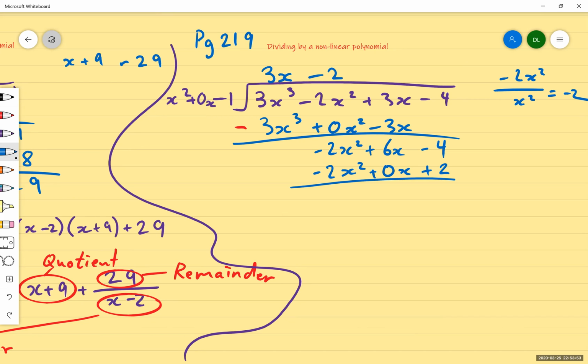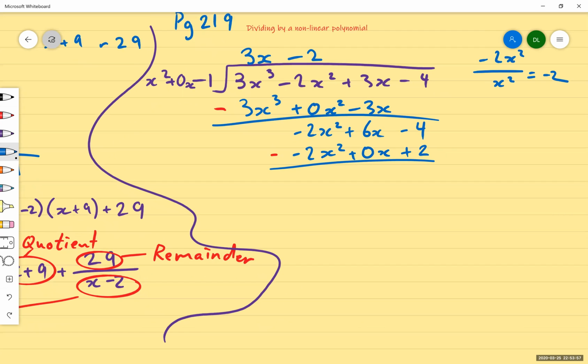Once again, implied negative. Negative 2x squared minus negative 2x squared gives me 0. 6x minus 0 is just 6x. Negative 4 minus 2 gives me minus 6.